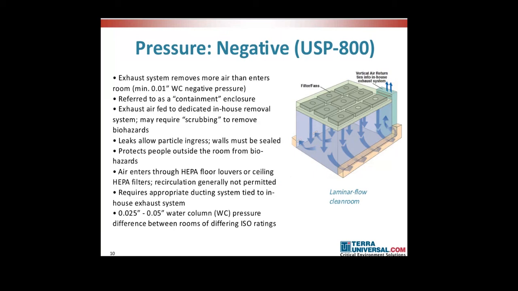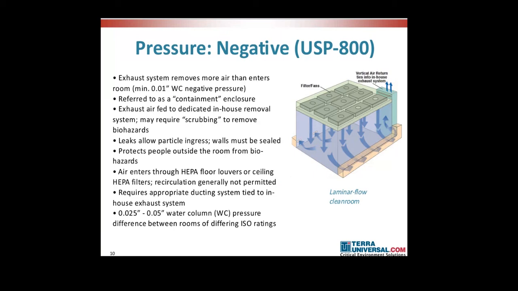And typically that needs to be a minimum of 0.01 inches of water column negative pressure. We're generally going to try to recommend a little bit more than that so that we have a margin of safety. But this does add to the expense of a room like this, because now we need to provide some provision for removing that air.